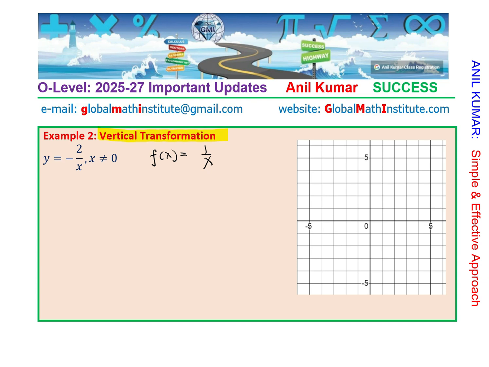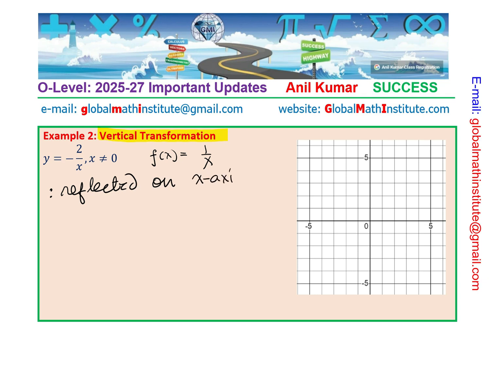The minus indicates it is reflected on the x-axis. And this value 2 indicates it is vertically stretched by a factor of 2.